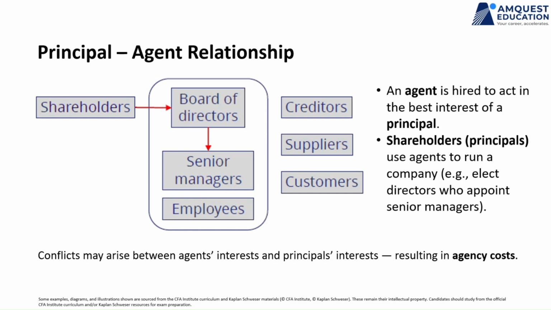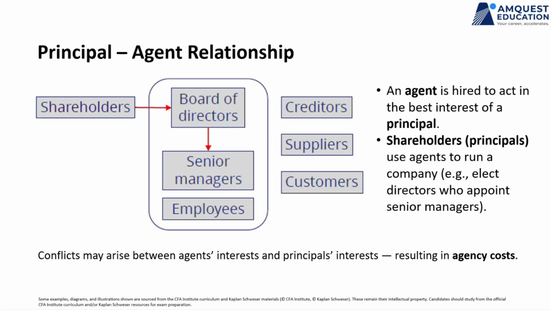In this case, an agent is also hired to act in the best interest of a principal, which is the best interest of the shareholder. So the conflict may arise between the agent's interest and the principal's interest, resulting in agency cost.